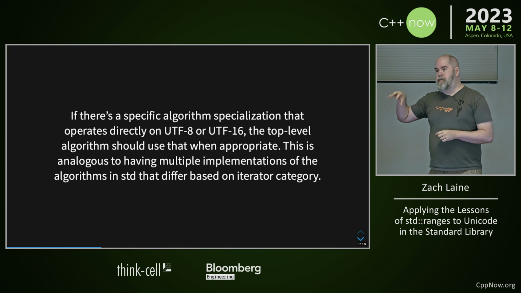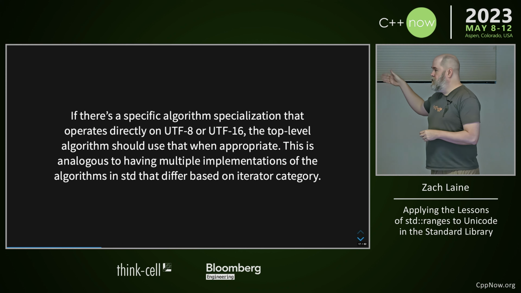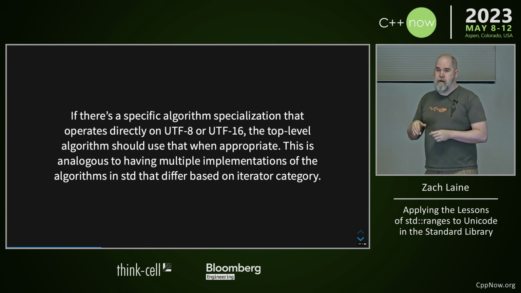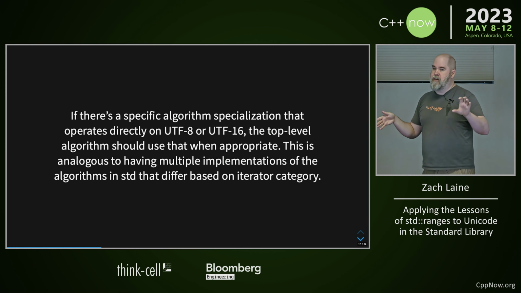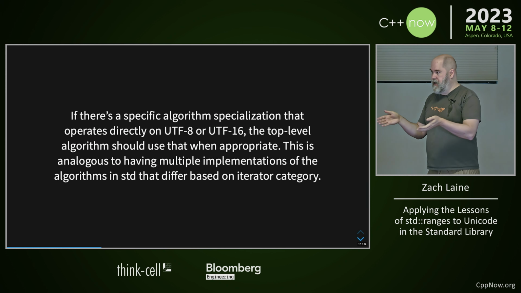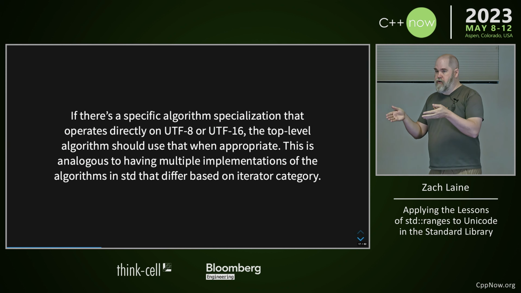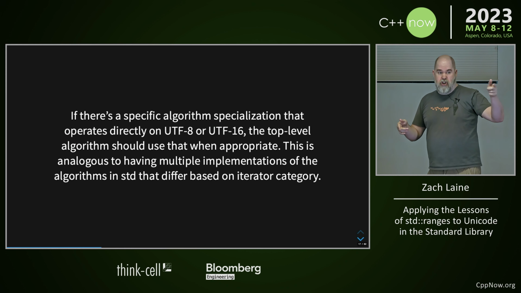There are times when you're implementing one of these algorithms, right? In this case, we've been talking about view adapters, but some of the underlying Unicode algorithms, all the Unicode algorithms operate on code points. That's what I said at the outset, right? But there are cases where you can feed UTF-8 or UTF-16 into them, and you don't actually have to transcode internally into UTF-32 code points, because it can just look at the individual values in the UTF-8 or UTF-16 stream and do something more efficient there.